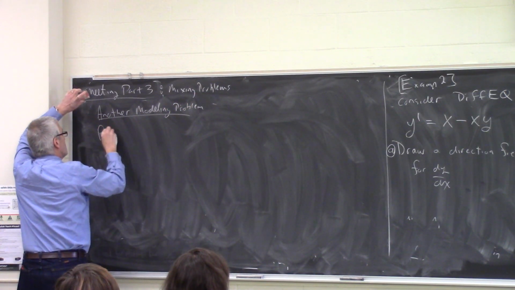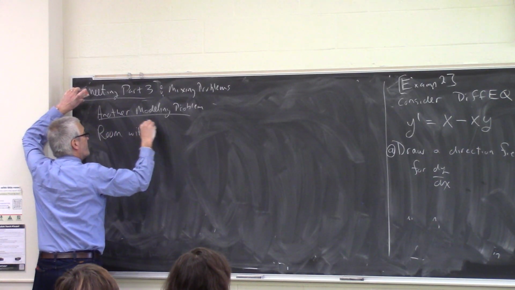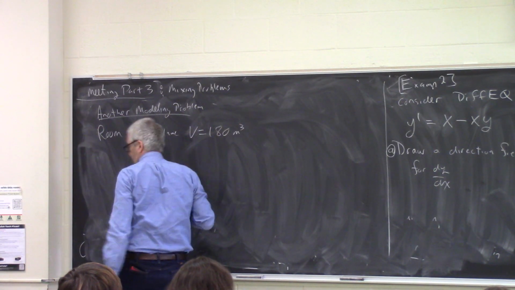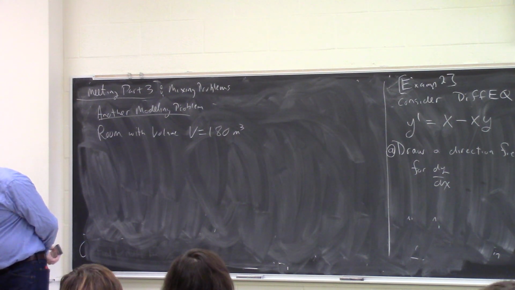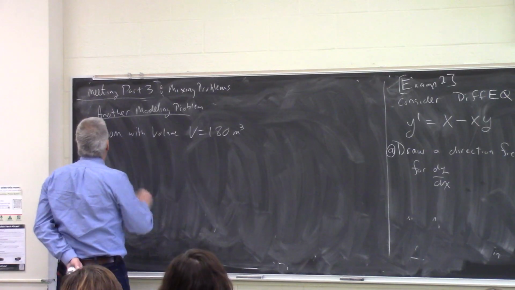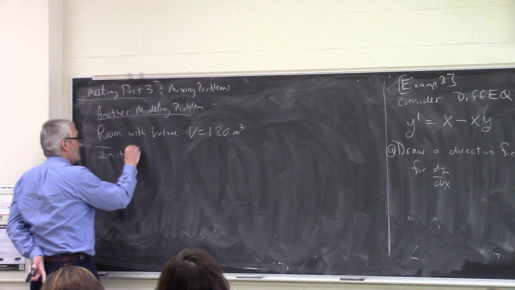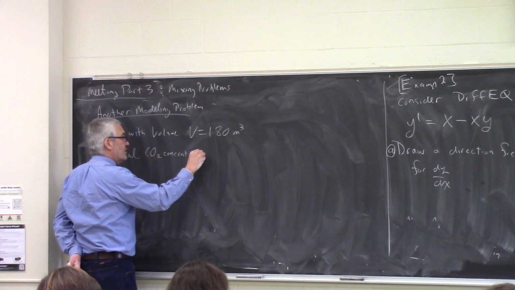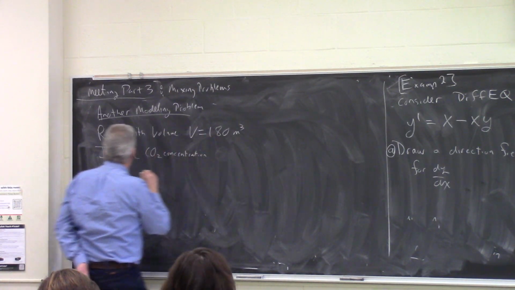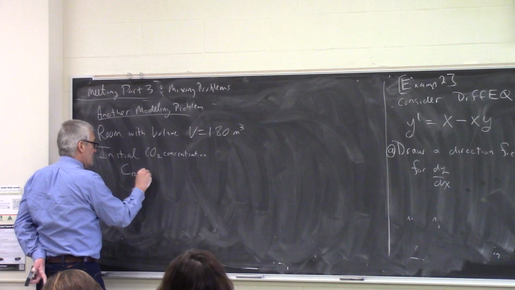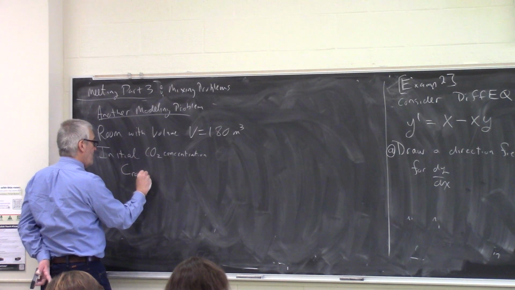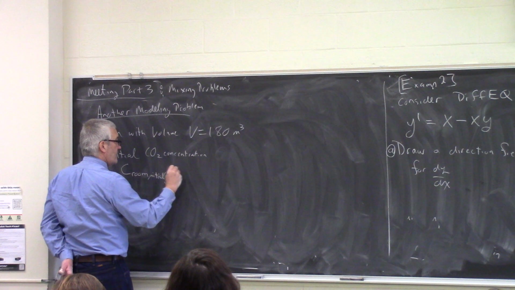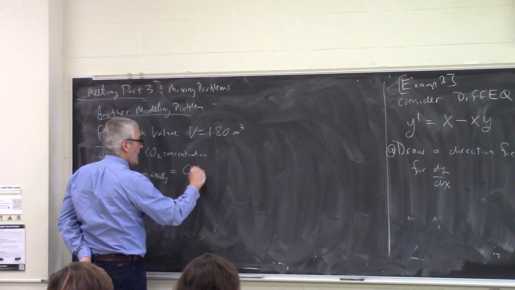So we have a room with volume V equals 180 meters cubed. And it initially has a concentration of CO2, I'm just going to spell room with two O's, initially 0.5%.